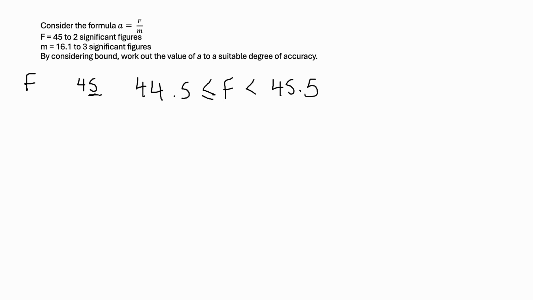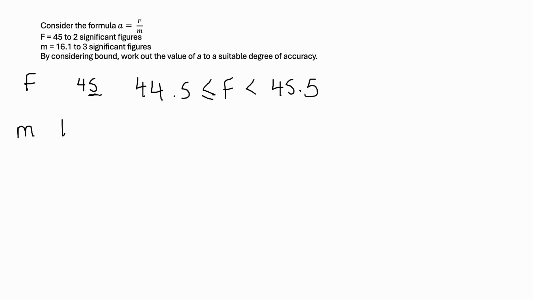Because if we round 44.5 to two significant figures, we get 45. But if we round 45.5 to two significant figures, we get 46, meaning that our number for F has to be less than that. Now let's look at M.